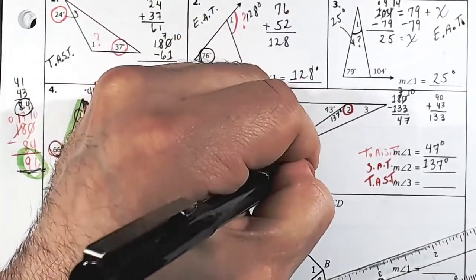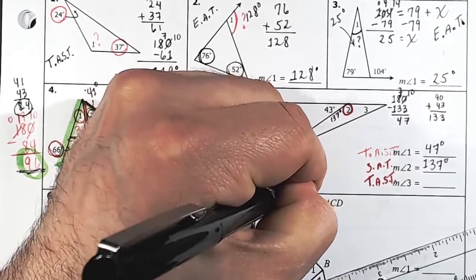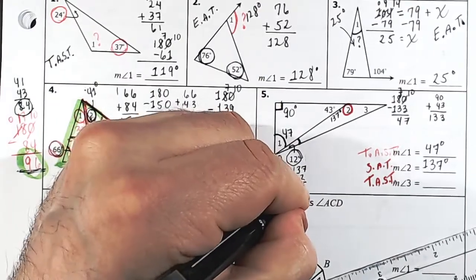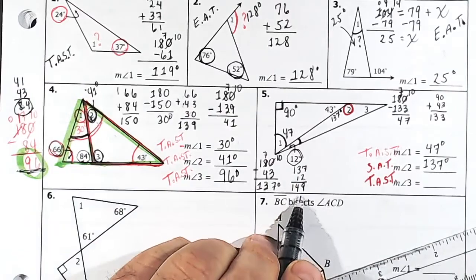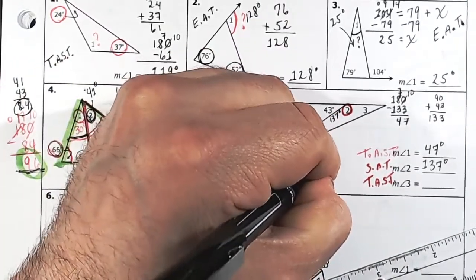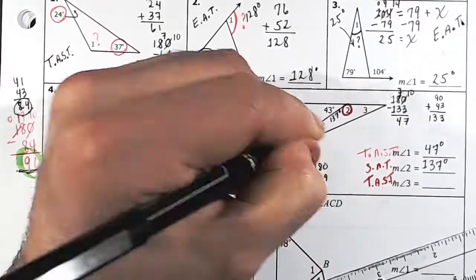So I just have to add 137 plus 12. Okay, what is that, 149? Yeah. 149. Okay, now we have to subtract that from 180. So 180 minus 149.